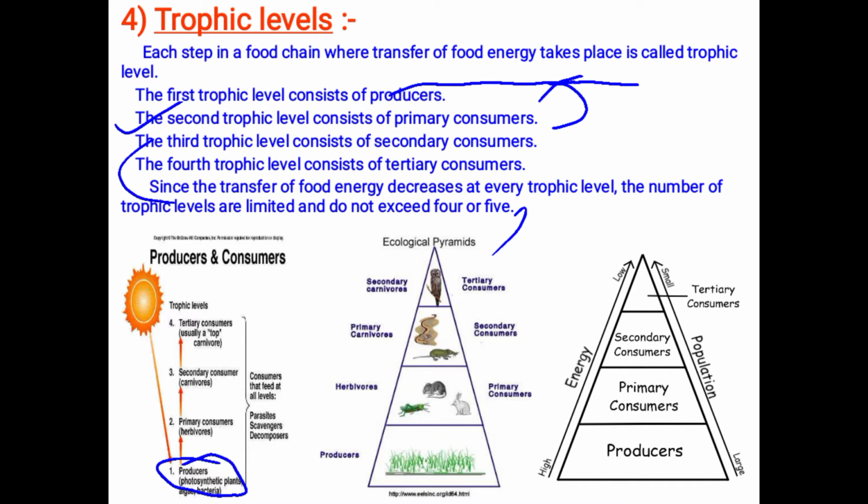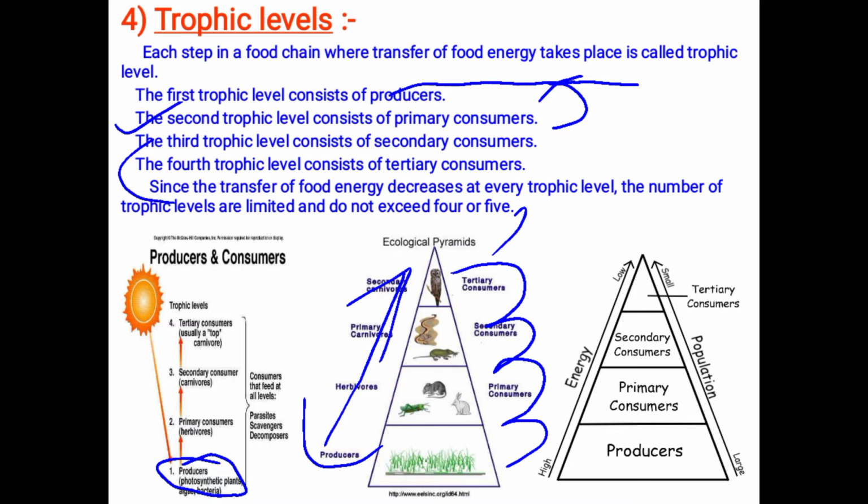This is a very important sentence: since the transfer of food energy decreases from one trophic level to another, the number of trophic levels should be less. It should not go above 4 or 5, because food energy decreases when it is transferred from one trophic level to another.